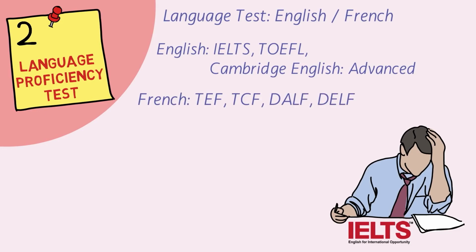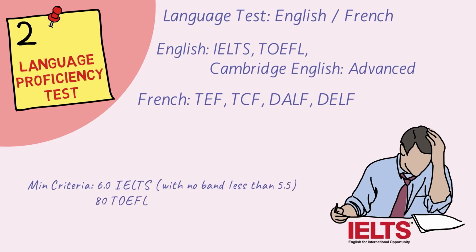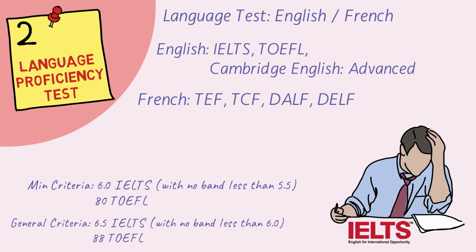Now talking of the criteria, you would see that most of the colleges and the universities ask for a minimum of 6 bands of IELTS with no band less than 5.5, and a TOEFL score of around 80. The general criteria is 6.5 in IELTS with no band less than 6.0. Similarly, an 88 score in TOEFL.